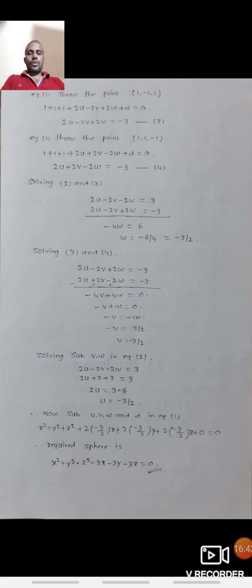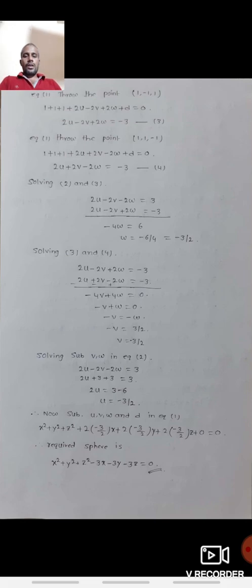Adding these two equations, -2w and 2w cancel, and we get -4w = 6. So w = -6/4 = -3/2. Similarly, we can solve equation 3 and equation 4.